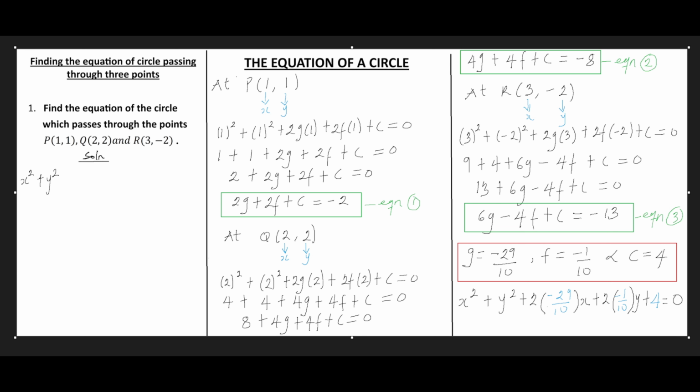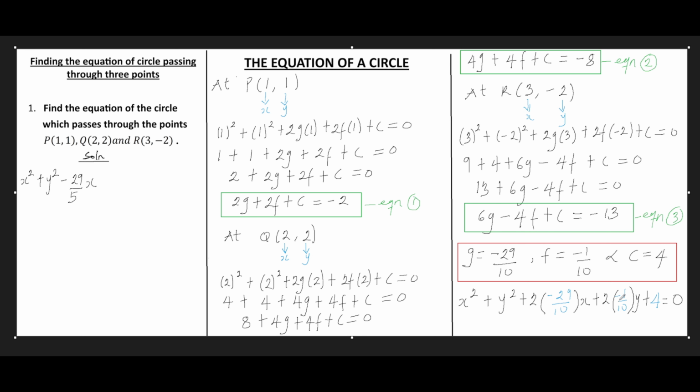Now 2 multiplied by minus 29 on 10 multiplied by x, so we have minus 29 on 5x.